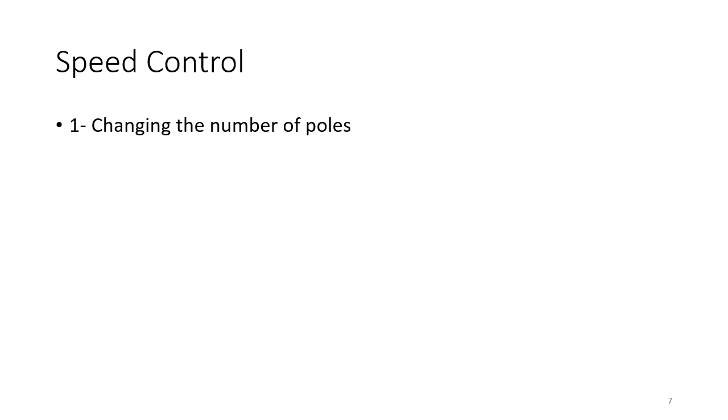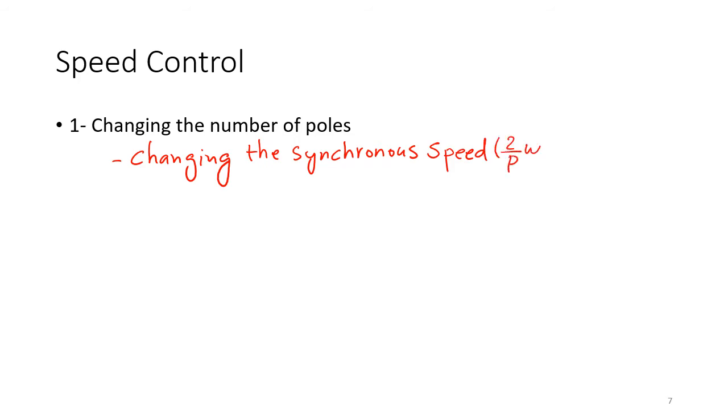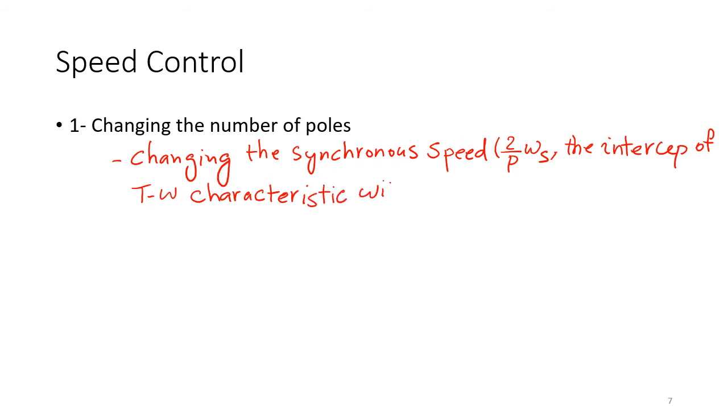So it's basically changing the synchronous speed, which was 2 over p omega s, or the intercept of the T omega characteristic with the omega axis.